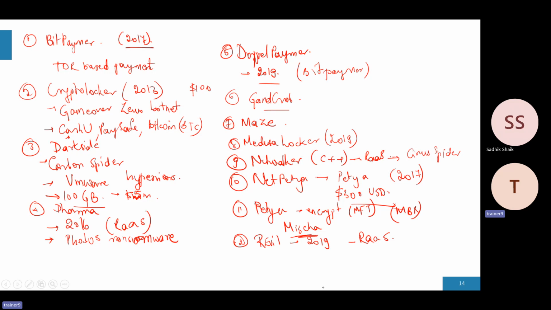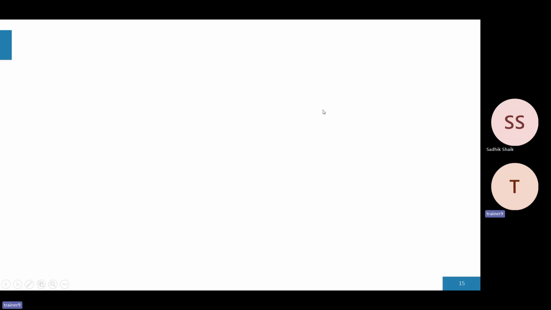Ryuk is also an example. There are a couple of other common ones, like for example Ryuk. Ryuk was primarily used by a group like Wizard Spider, and Ryuk has only been used for targeting enterprise environments, right?